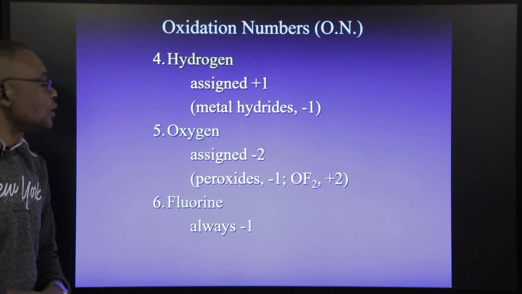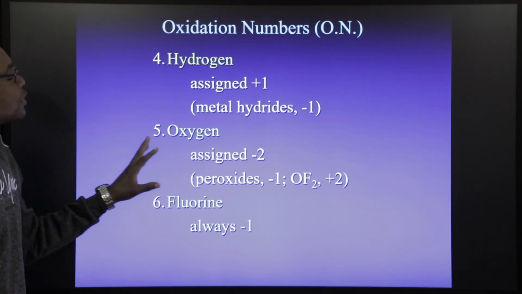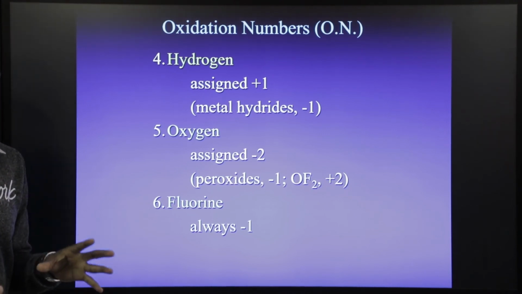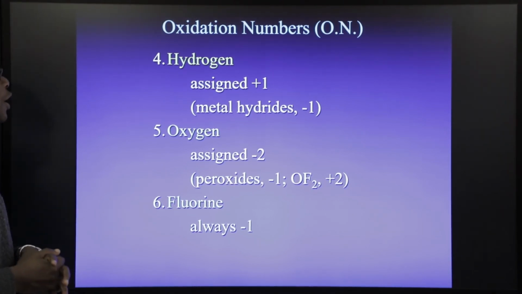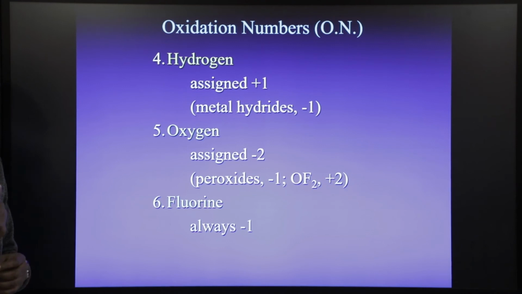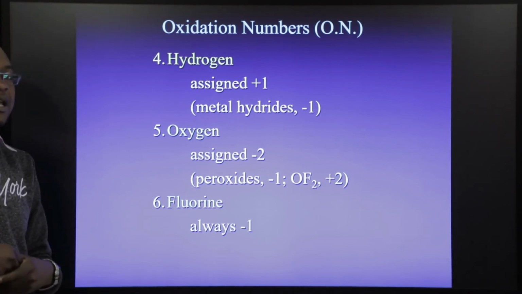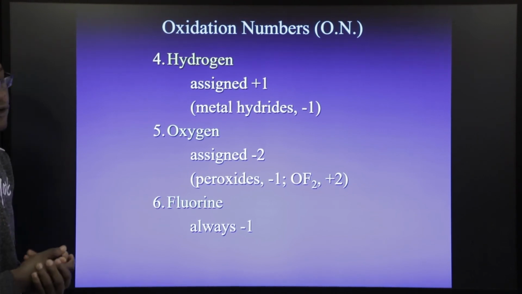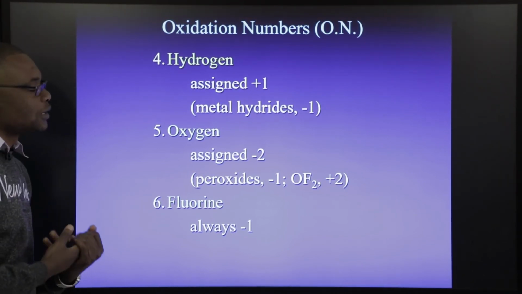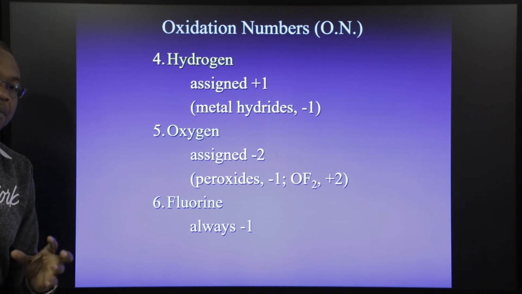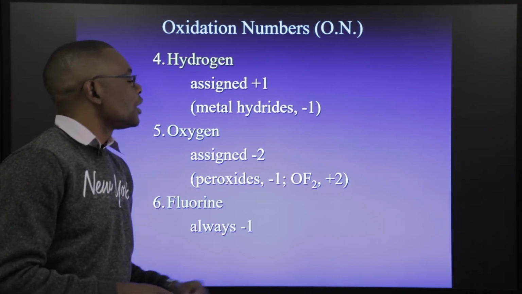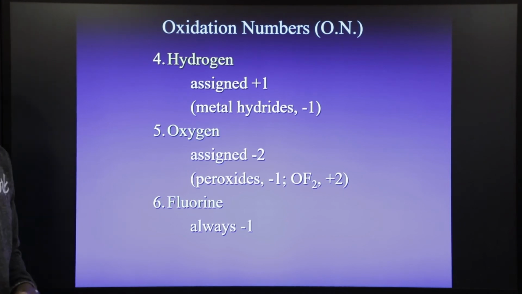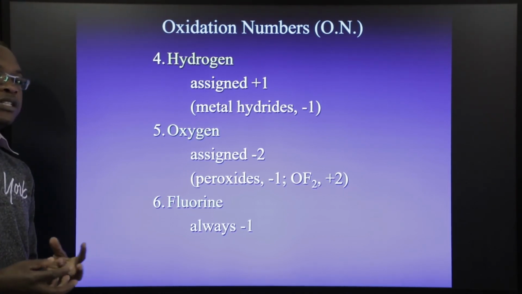Oxygen is under normal circumstances always assigned a -2 in most cases, but only in peroxides do you assign it a -1, and where it reacts with fluorine you assign it a +2, for the primary reason that oxygen is less electronegative than fluorine.